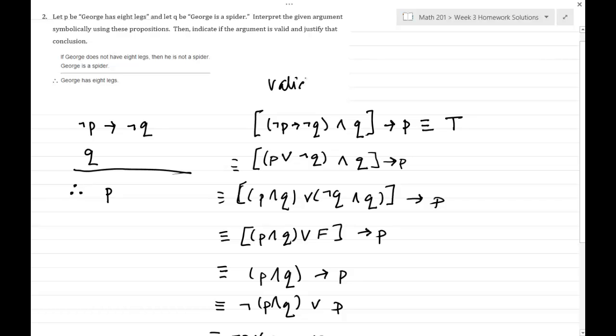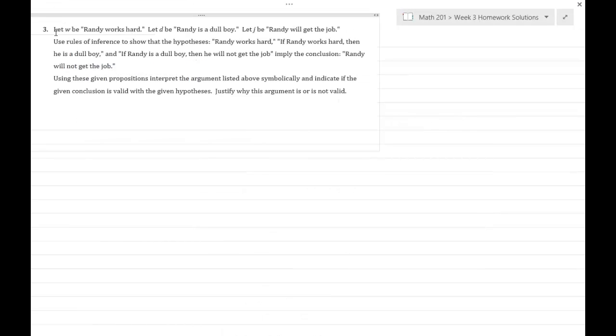So valid argument, and your justification here can either be the series of logical equivalence proofs or a truth table or referencing the corresponding rules of inference. Now we're given some premises and a conclusion and trying to determine if it's a valid argument.